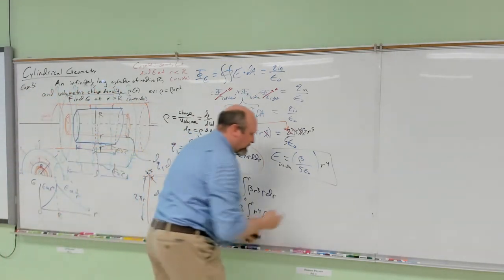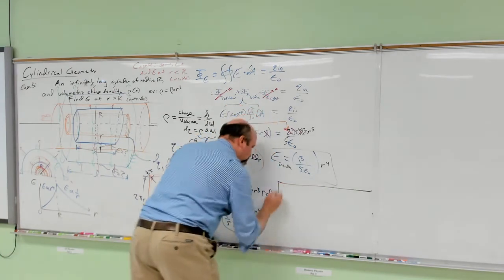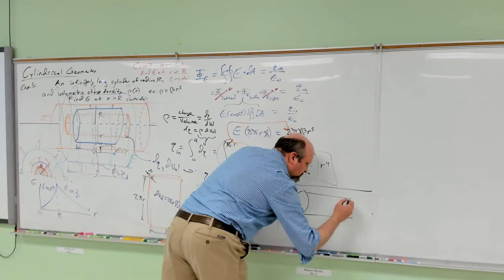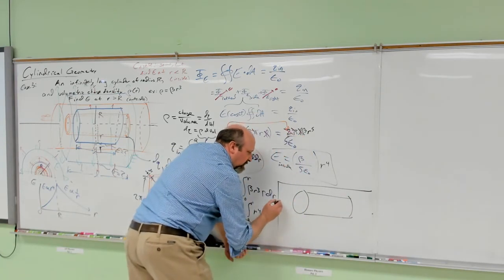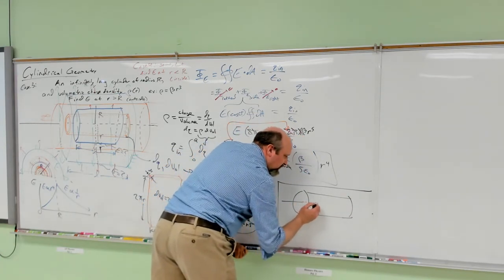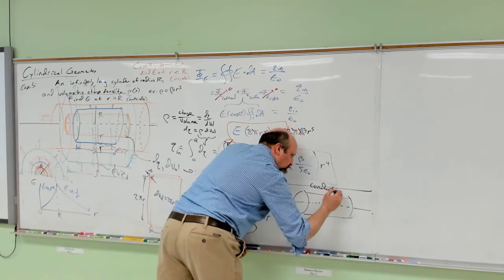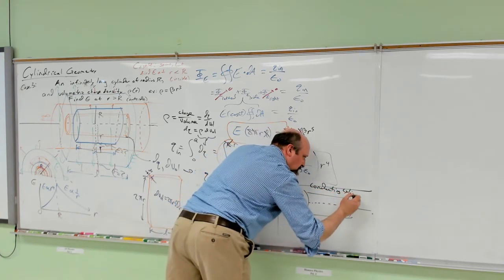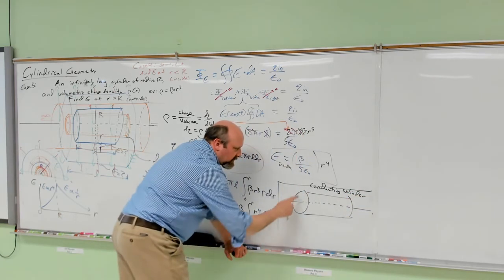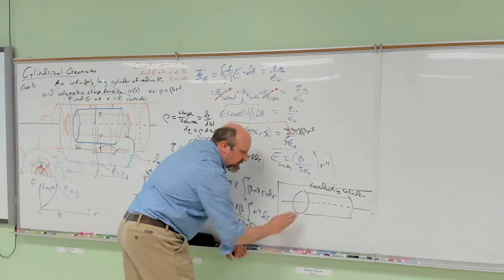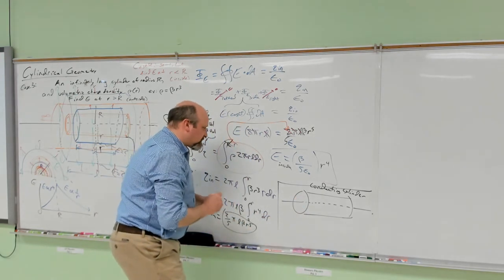So if I had a charged cylinder that is a conductor, my charge is going to end up at the outer surface. I'm not going to have any inside, so inside will be nice and neutral, right? Remember that? That's the case.